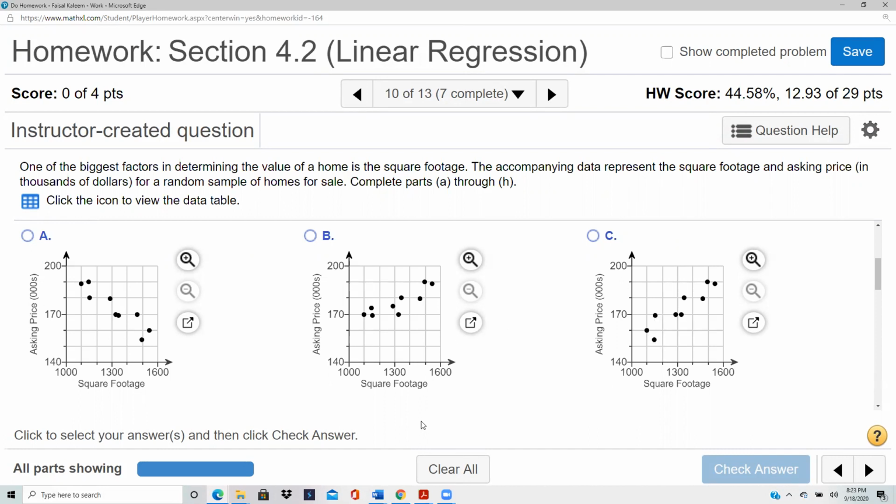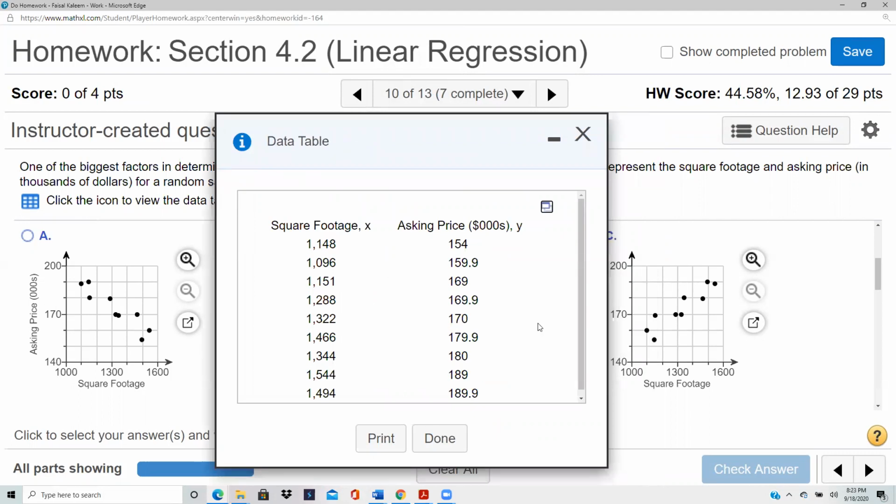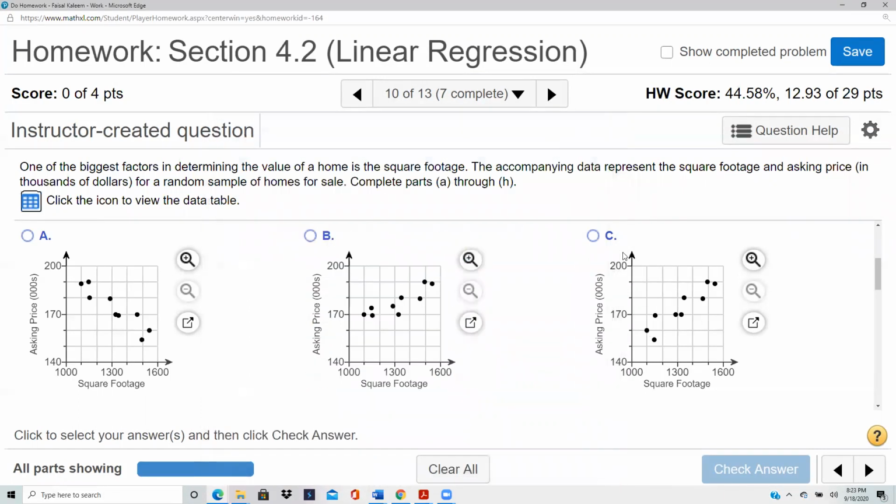But let's double check with the data. So the square footage of 1100 would be 154, and then with 1096, you were 159. This probably is it.